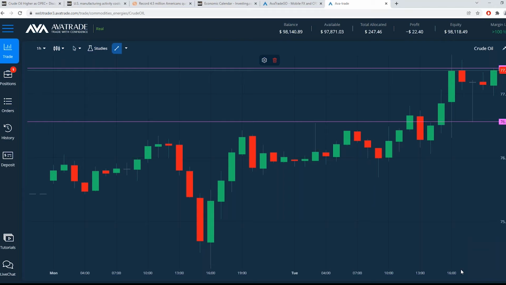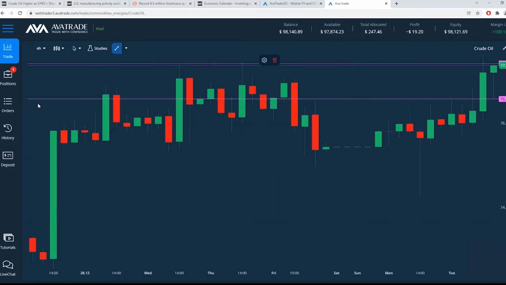Now, at the same time that we're selling, we also could say, well, you know what? The fundamentals tell us this could keep climbing because of that meeting that's coming up and the expectation that large production increases maybe aren't going to happen. And so the supply issues on oil, demand being high, supply low, could continue to drive the prices up.